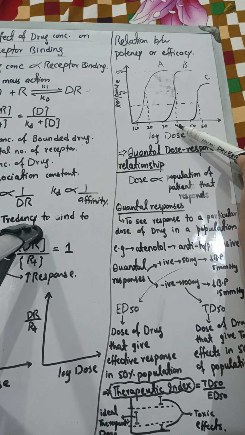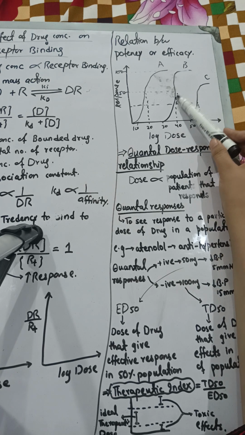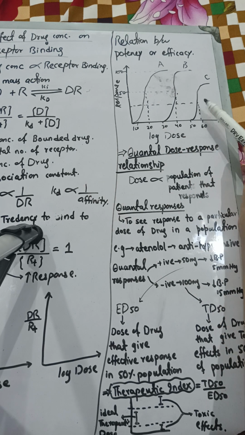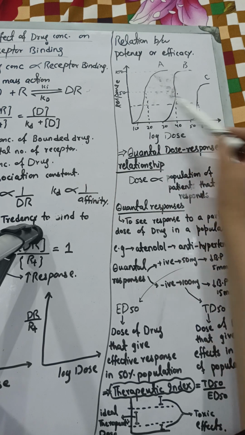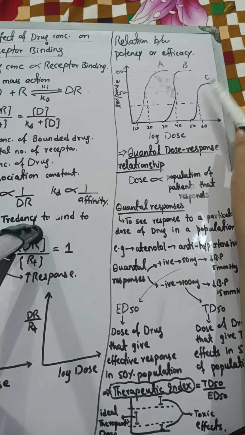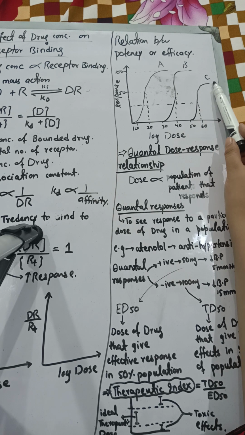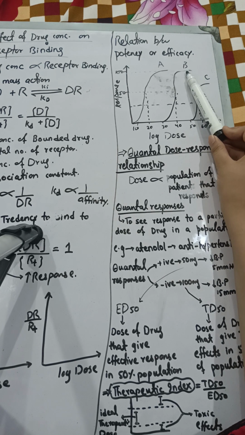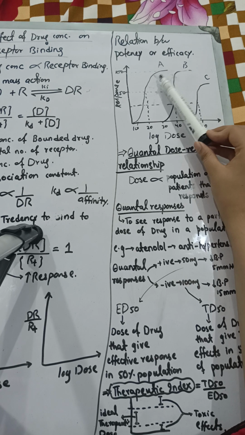It means the EC50 of drug B is more than drug A. And your C is showing EC50 at 60 mg of drug, meaning drug C has a very high EC50, and the drug which has a very high EC50 has the lowest potency. So drug C has the lowest potency, the potency of drug B is lower than A, and your drug A has the highest potency.